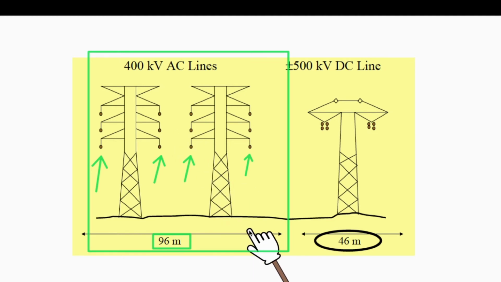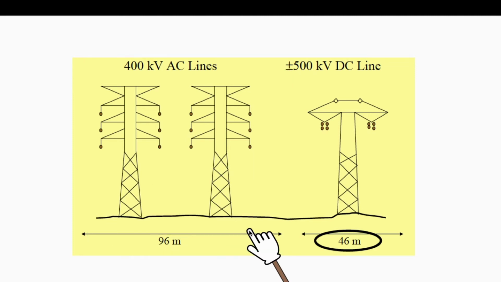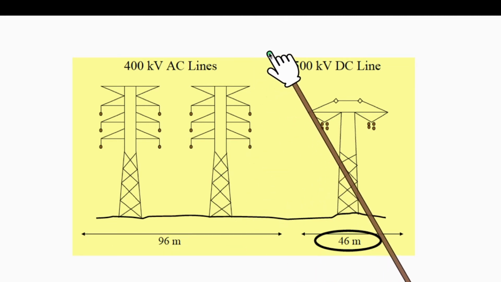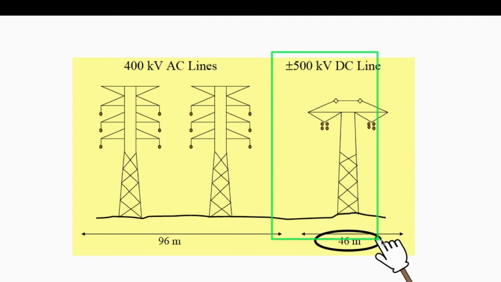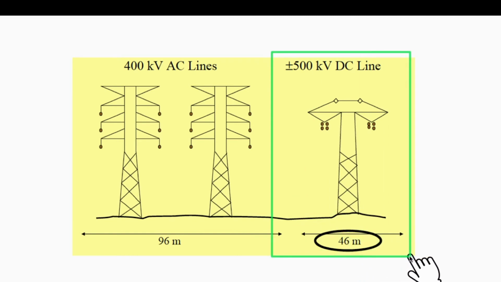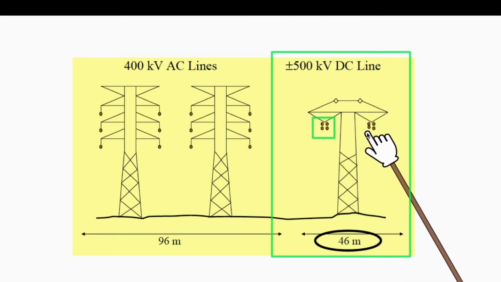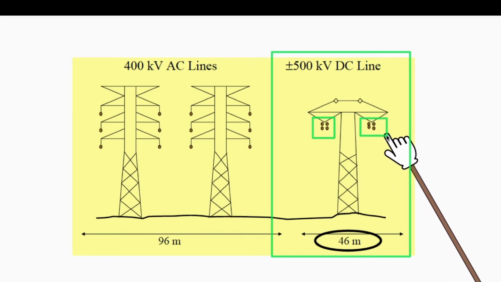But let us come to the other alternative and do the comparison. Observe that there is one set of bundle conductors for positive polarity and one for negative polarity.